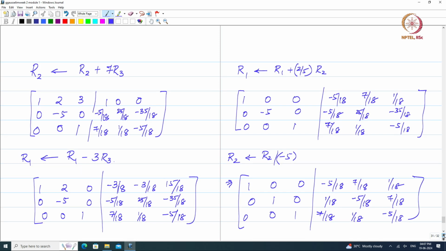As you see, the first part is the identity matrix, so the second has to be A inverse.